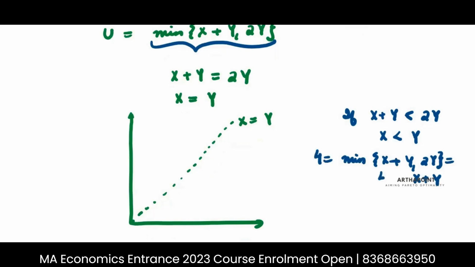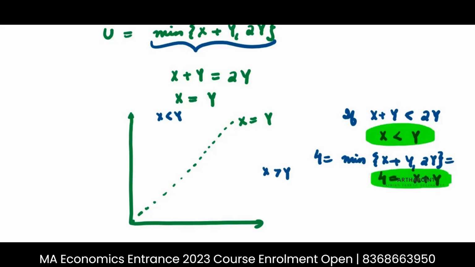This is the region where x is greater than y, and this is the region where x is less than y. When x is less than y, we get the line x plus y equal to 4. So I say 1, 2, 3, 4, 1, 2, 3, 4. Let's say that this is my line. And this line is only there when x is less than y, which means only at this part.